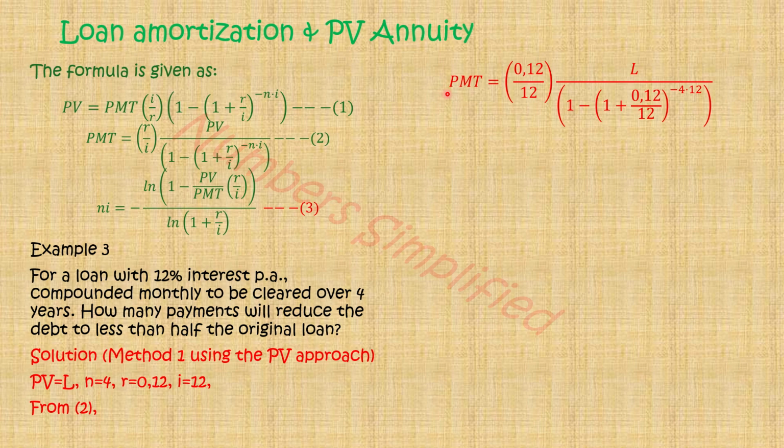Now we are going to substitute. From our PMT, we've got 2 R's. The first one is in the numerator of the first fraction, and the other one is in the numerator of the denominator in the second fraction. So we have substituted it in 2 places. Then we move on to the N. N is 4, and we only have one N, which is in the power in the denominator.